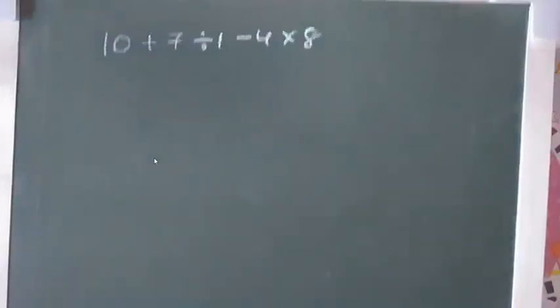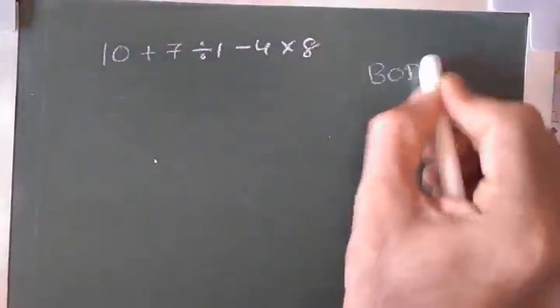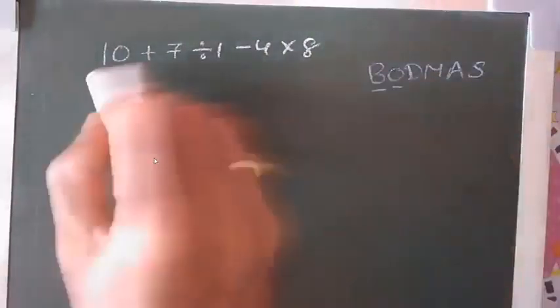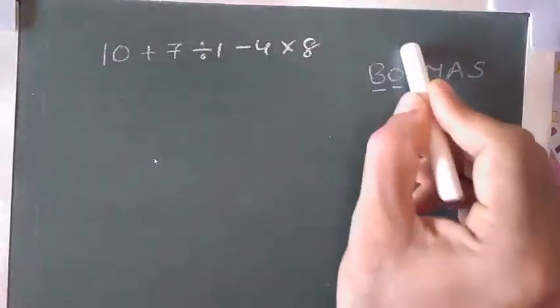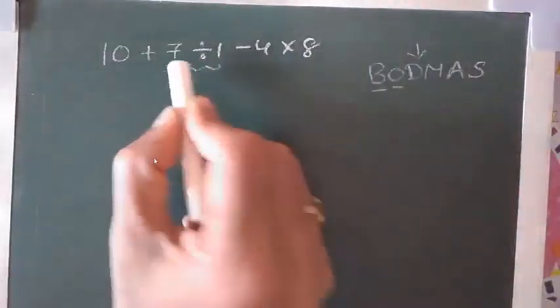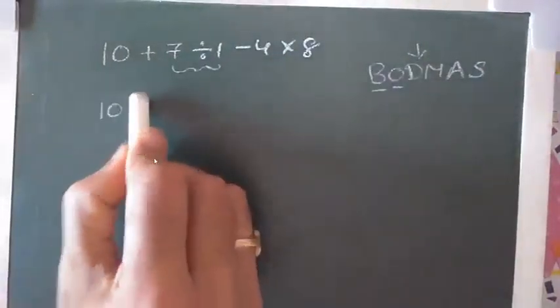So observe here. What is the BODMAS rule here? Bracket of is not given here, so first you have to take division. Division is in between which numbers? 7 and 1. So write the 10 as it is here, plus also.